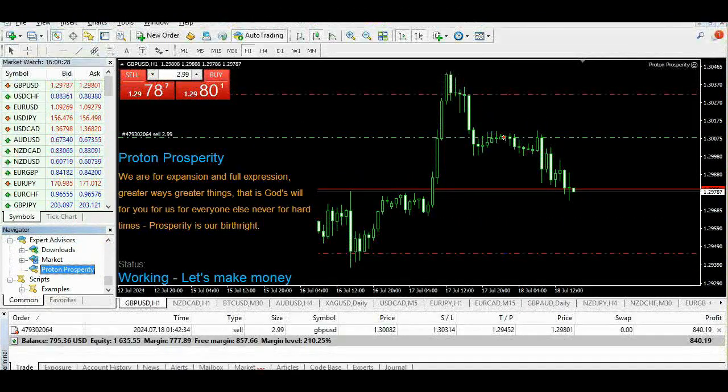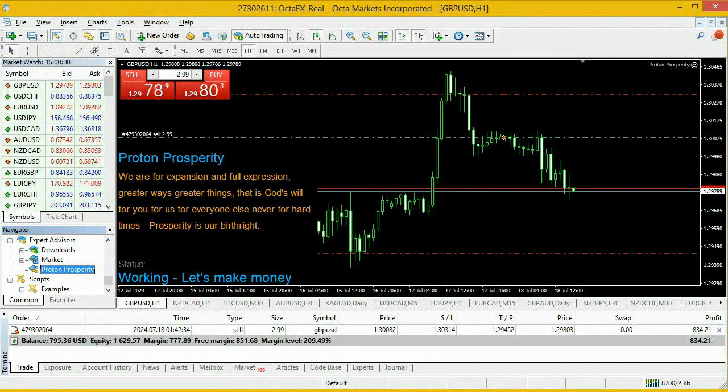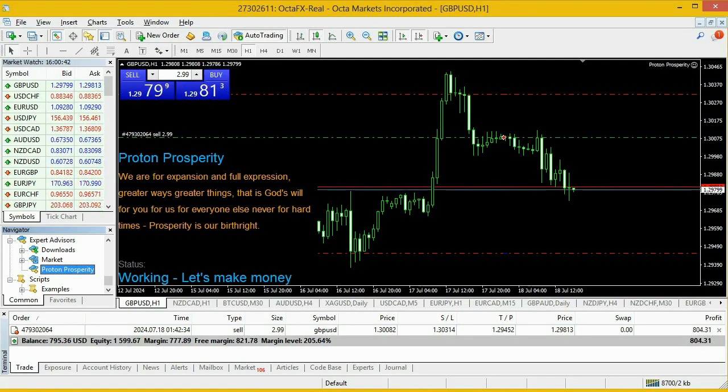Almost 15 hours into the trade, we are halfway to our profit target. After over 20 hours.